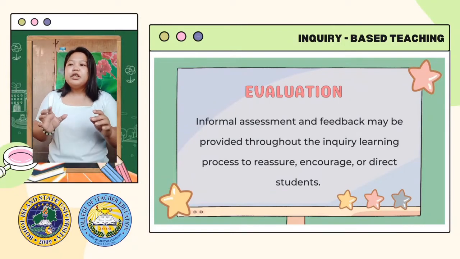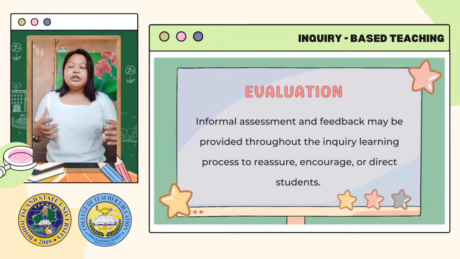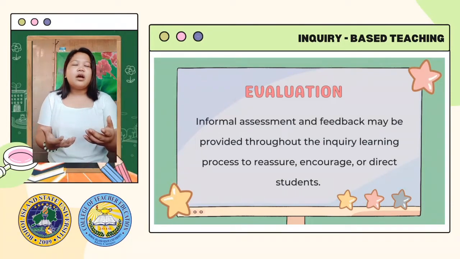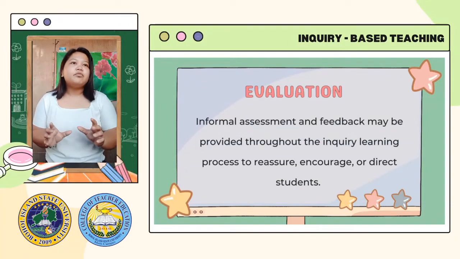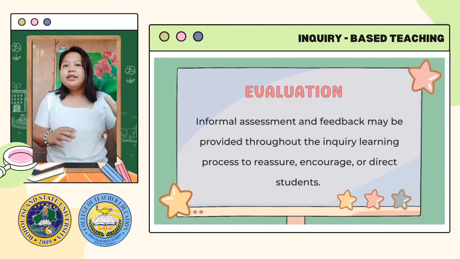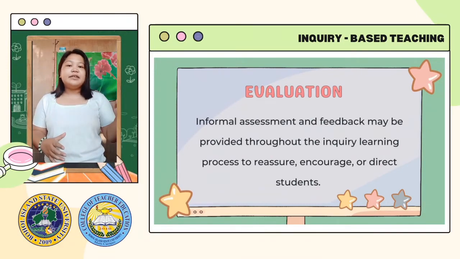So informal assessment and feedback may happen during the learning process or during the discussion, to reassure and encourage students, and to assess what they have grasped from the discussion from time to time. It's like the sudden or the random calling of students to answer your questions. That's the informal assessment and feedback.